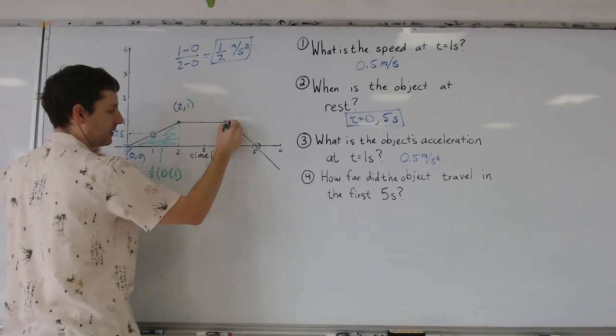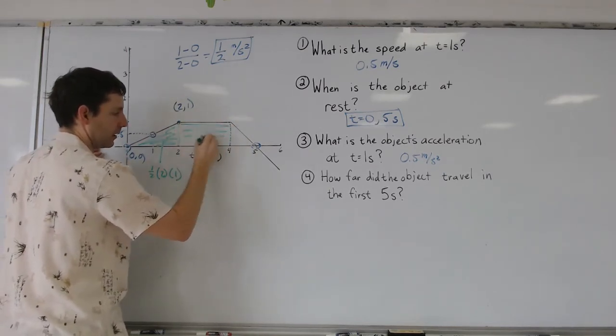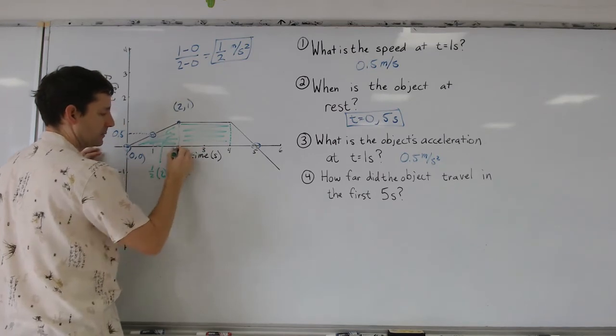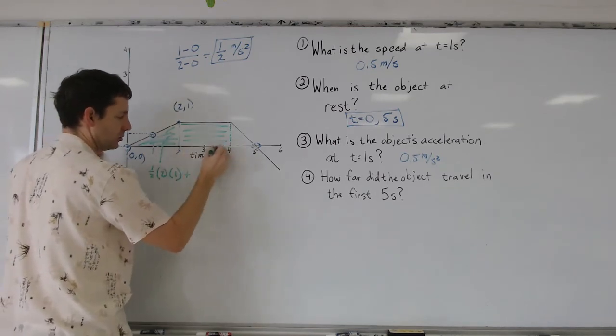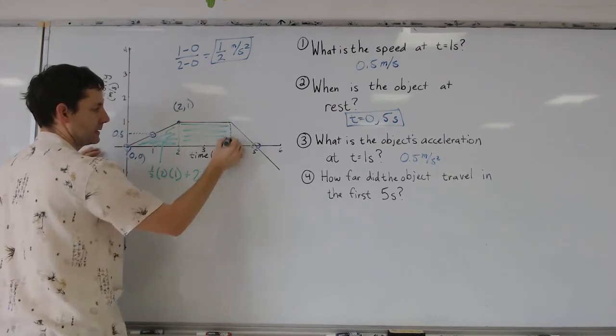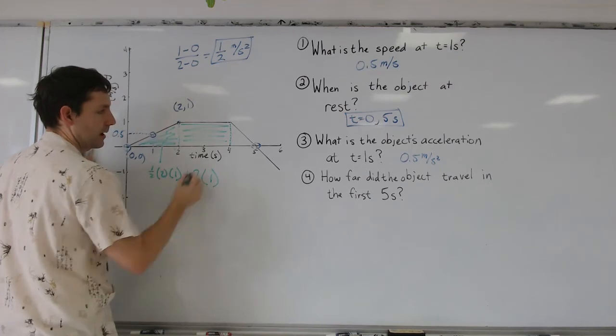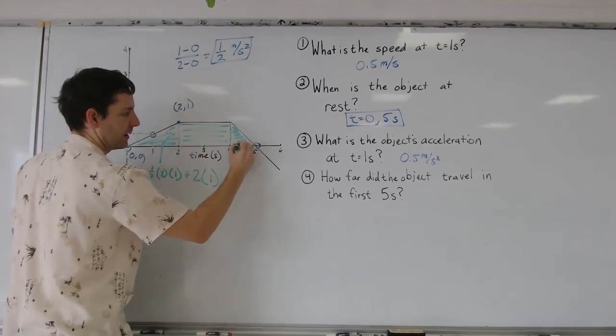Now I'm going to find the area of this rectangle right here. Okay, and a rectangle is base, so it goes 1, 2, so it has a length of 2 there, times height, which goes from 0 to 1, so 1. All right, and then I got another triangle right here at the end.